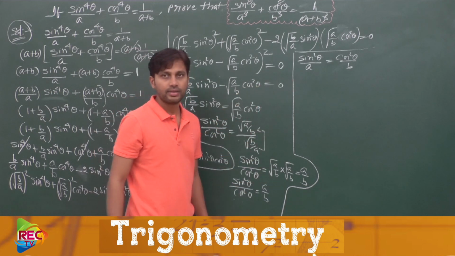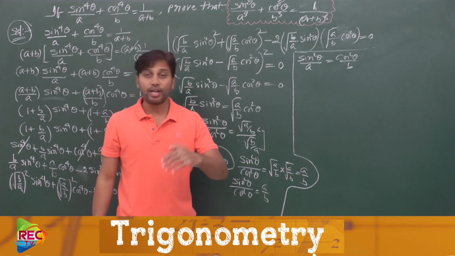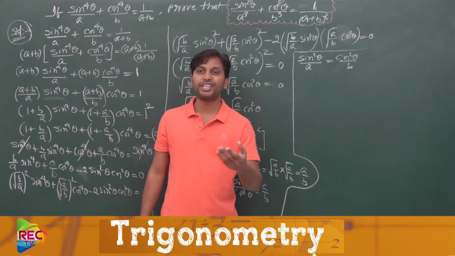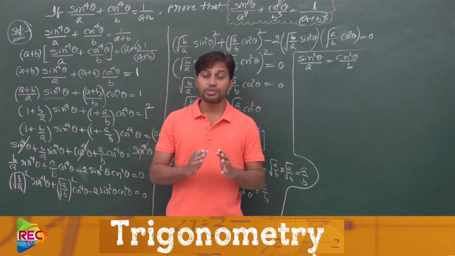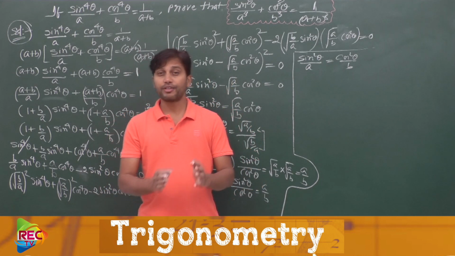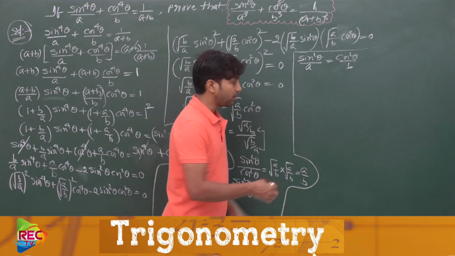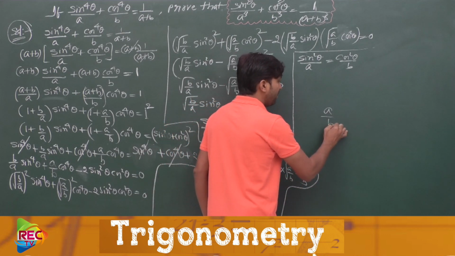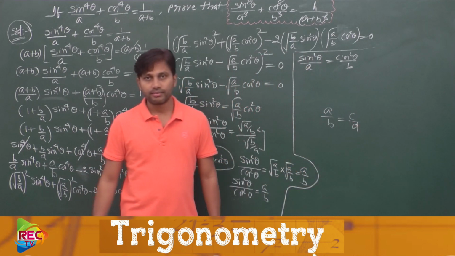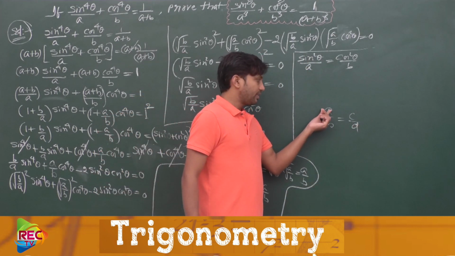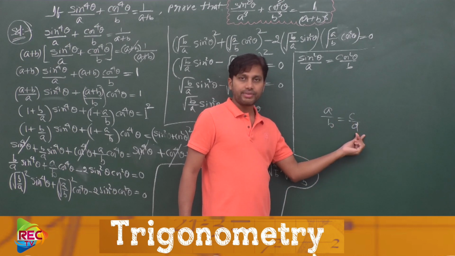And we rewrite it. Now we are going to apply one more property of equality of the ratios. See this, guys. In some problems you need to use the properties of the ratios also. So let us see what that is. If a by b equal to c by d, two ratios are equal, these are called antecedents and these are called consequents.